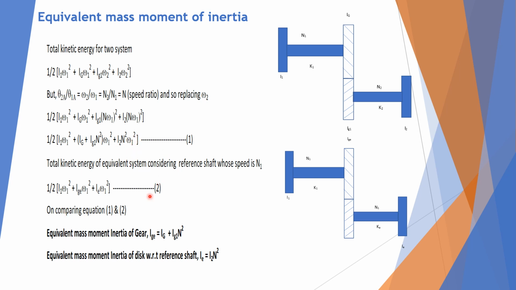After comparing equations 1 and 2, the equivalent mass moment of inertia of the gear, IgE, is equal to I capital G plus I small g1 into n square. The equivalent mass moment of inertia of the disk will be IE equal to I2 into n square.